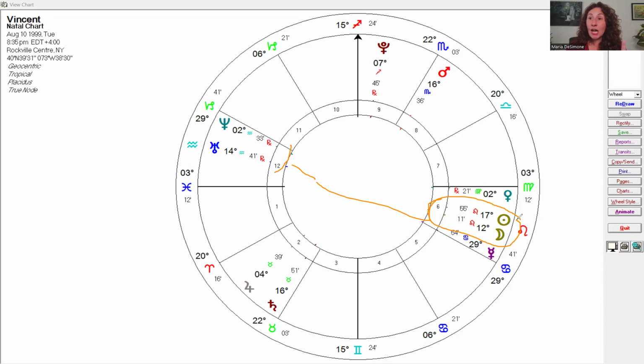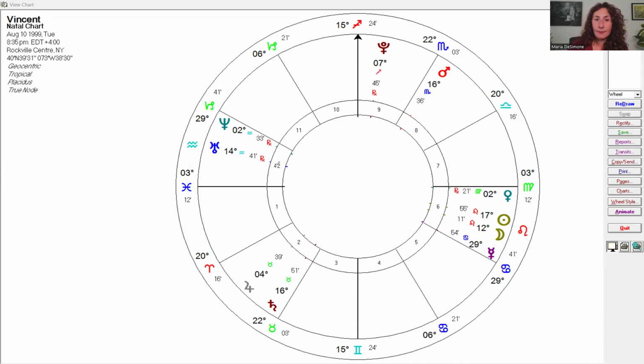And depending on the aspects that your intercepted planets make to the rest of the birth chart, that can become quite difficult. Expressing that energy can become a really big part of the person's life, and it can come out in a not so easy way.